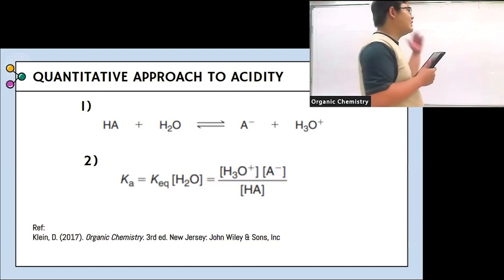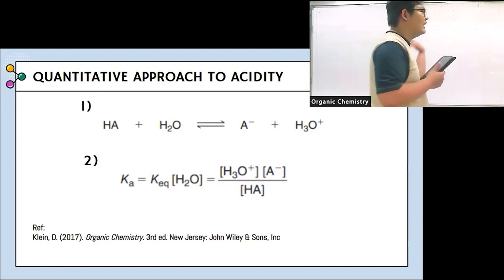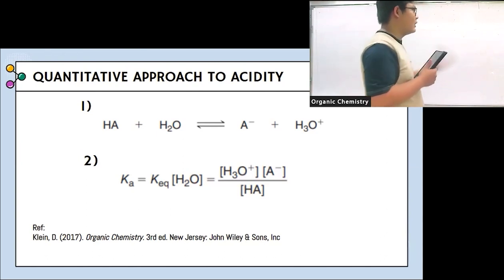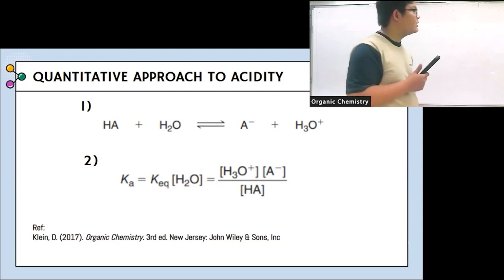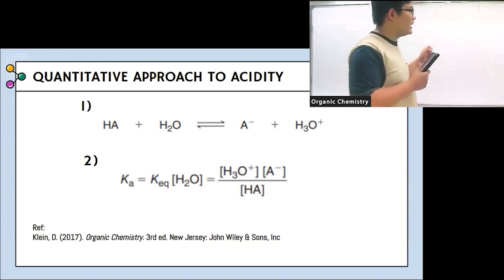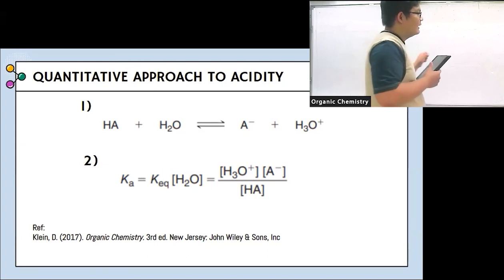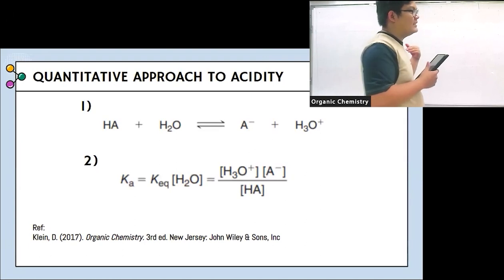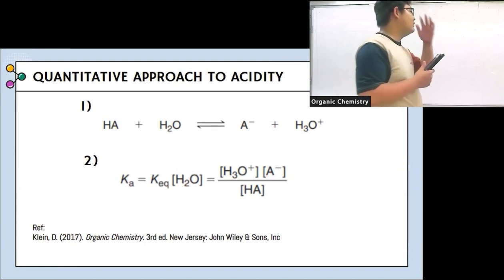I-discuss namin sila later sa inyo, bakit siya nagiging ganon in terms of structure ng mga organic compounds. But what I wanted to teach to you sa slide na to ay simply, pag tumataas yung concentration ng conjugate acid sa ating equation, tumataas din yung acidity essentially ng ating unang acid. Okay, so let's now proceed to the next slide.